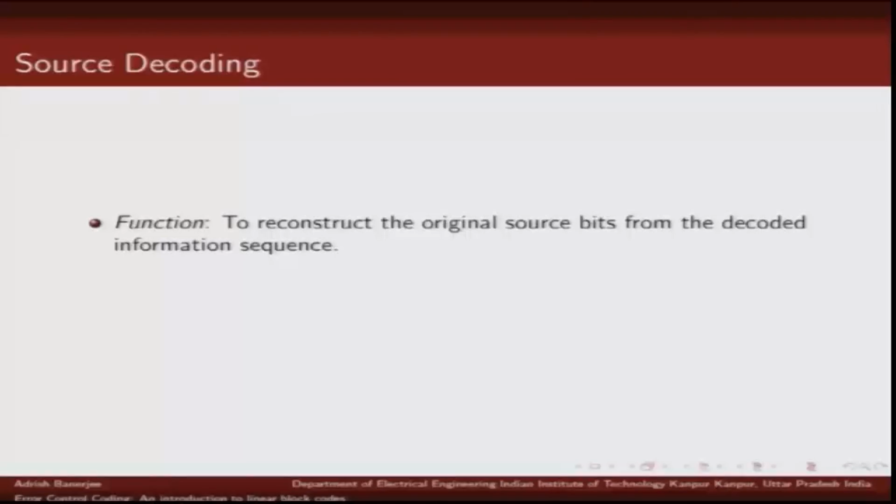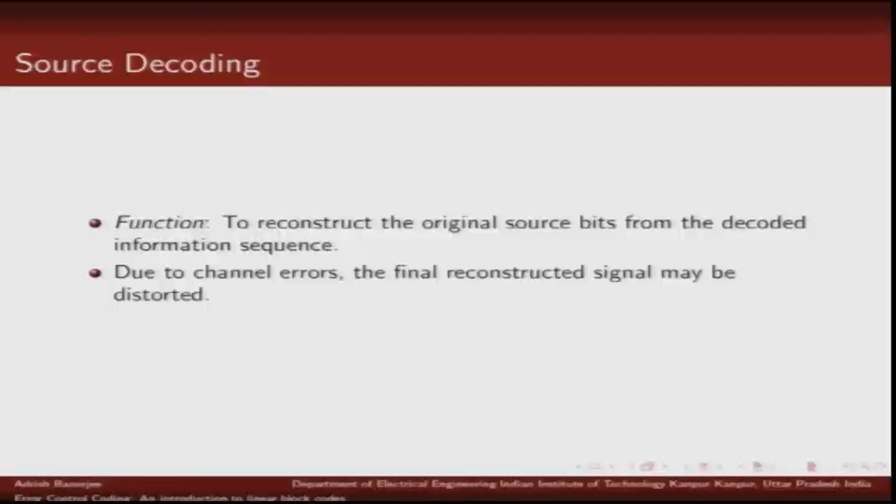So, we have been processing this compressed data. From the compressed data we would like to get back our original source, and that is the source decoder. It reconstructs the original source bits from the decoded information sequence. And of course, if there are errors, then our final decoded sequence would not be the same as what was transmitted.